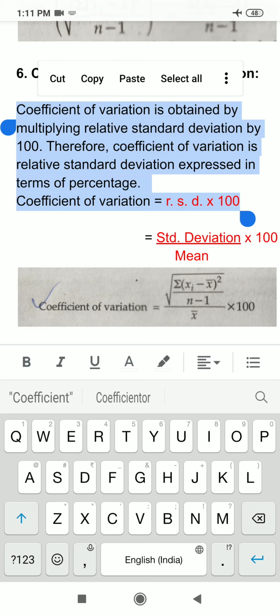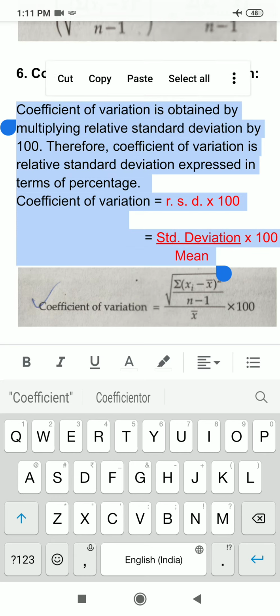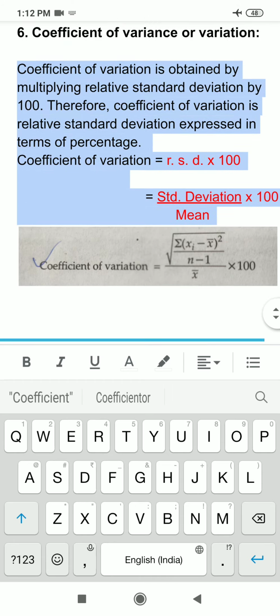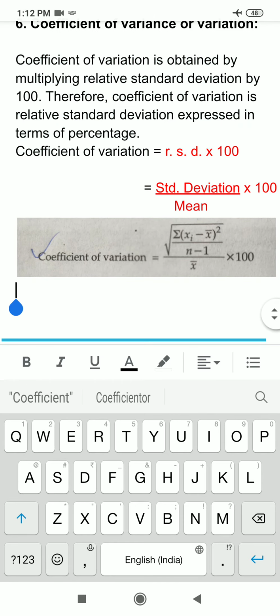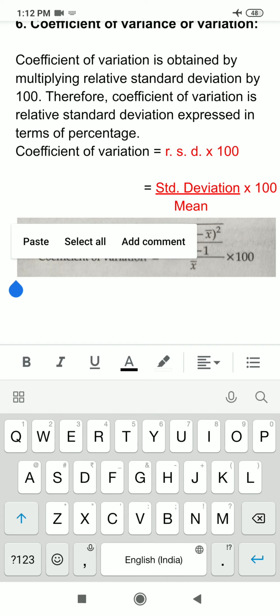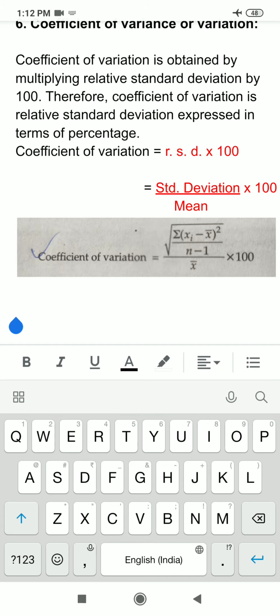So I can write coefficient of variation is equal to standard deviation divided by mean into 100, and writing it in terms of xi minus x bar, you can see on the screenshot, coefficient of variation is equal to under root of summation of xi minus x bar raised to power 2 upon n minus 1. This is standard deviation, and mean is represented by x bar, and the whole term is multiplied by 100. So this becomes coefficient of variation.